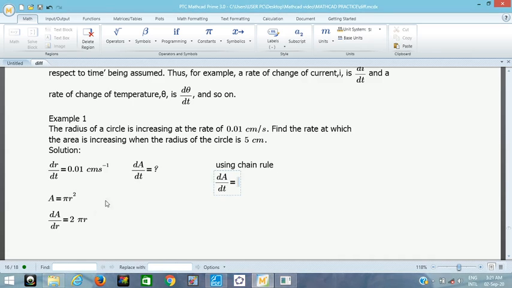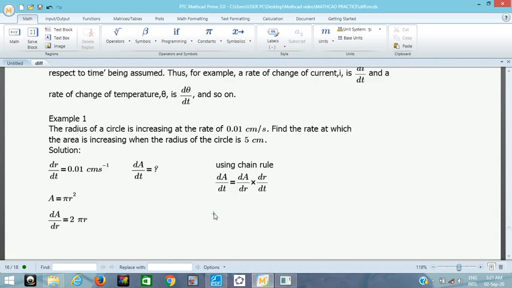This is what I need to calculate, equals dA/dr, multiplied by dr/dt. You can see, multiply by dr/dt. So normally, if you solve this, you can see that the dr will cancel the dr, then dA will divide dt, which is equal to this. You can see from this that our solution is settled.